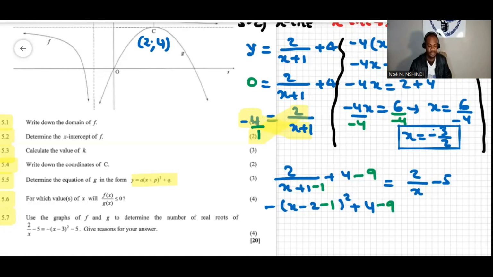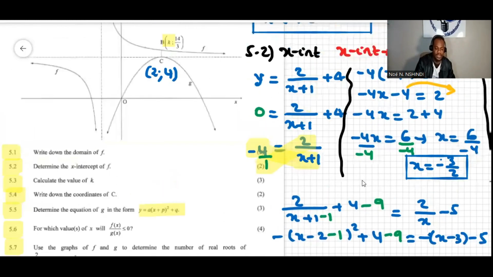So the same transformation is applied to both graphs. This becomes negative open bracket x minus 3 to the power of 2 minus 5. Both of them are shifted 1 unit to the right, and then 9 units downwards.